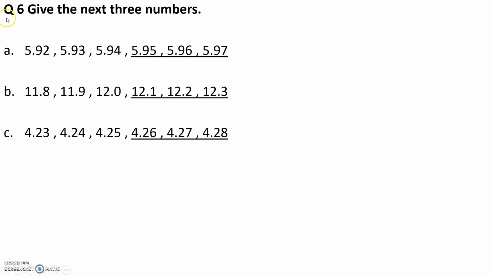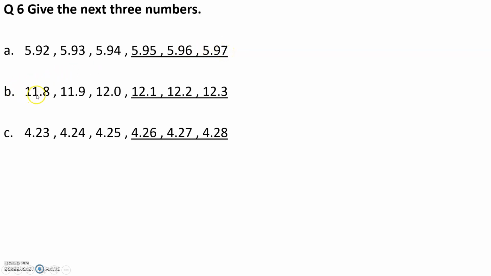Now question 6. Give the next three numbers. Say 5.92, 5.93, 5.94. Now this 5 will remain the same everywhere. The point will remain the same. Here it is 92, 93, 94. So next will come 5.95, 5.96 and the last will be 5.97.